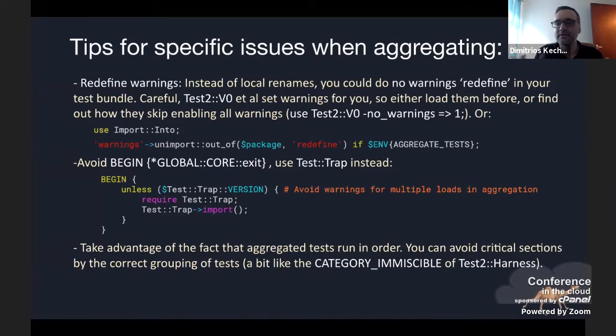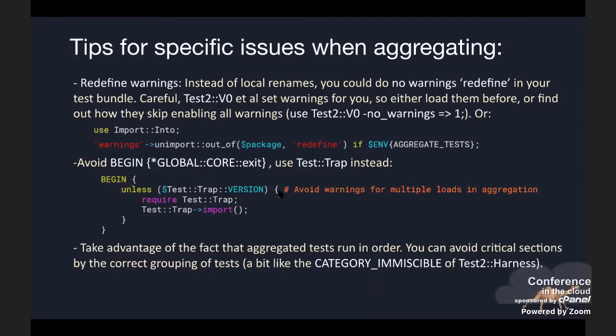So if you can't run some of them in parallel because of critical sections, you group them smartly so that you avoid the critical sections and you parallelize your tests.